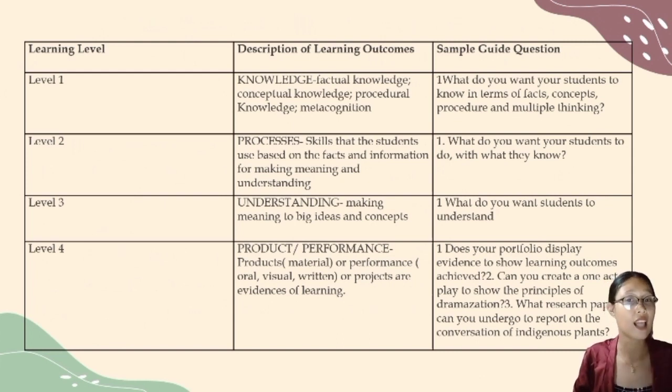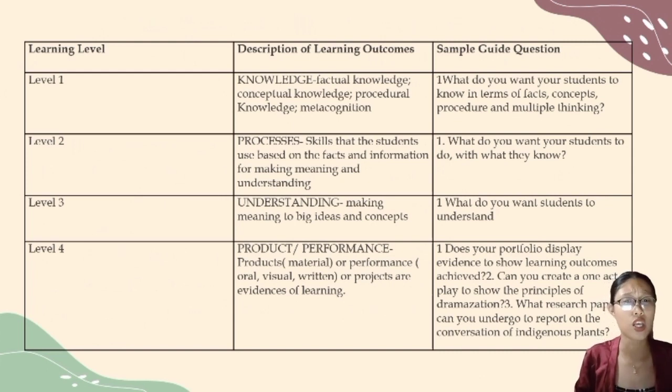The last level, level 4, is the product or the performance. The product is the materials or performance, the overall visual or written output or project, or evidence of the learning that they learned through the process of your discussion or through the process of the semester or the grading period.